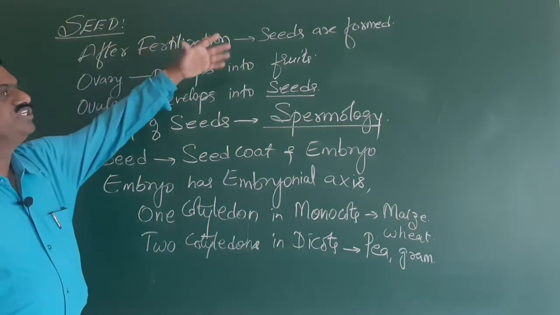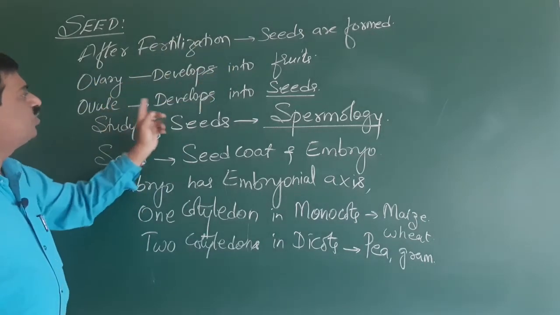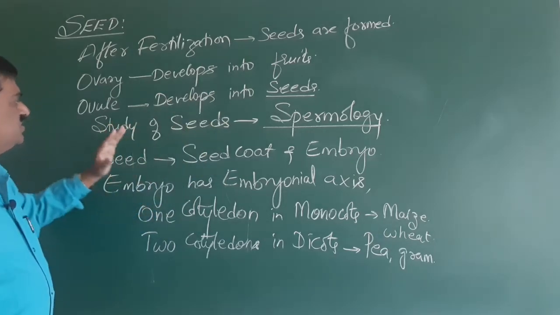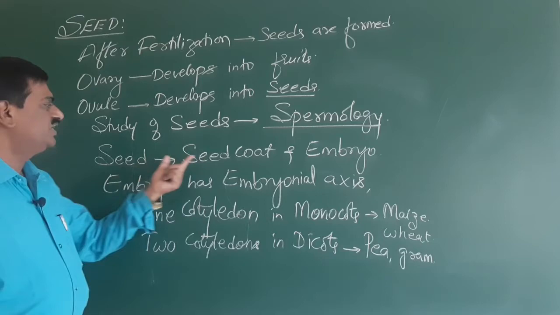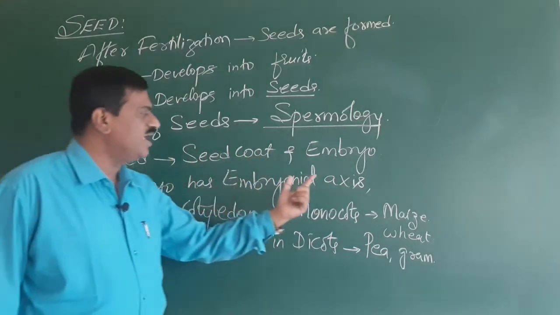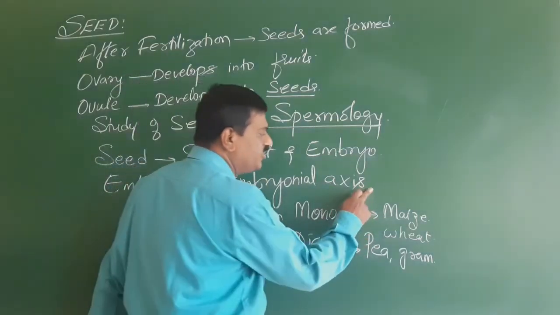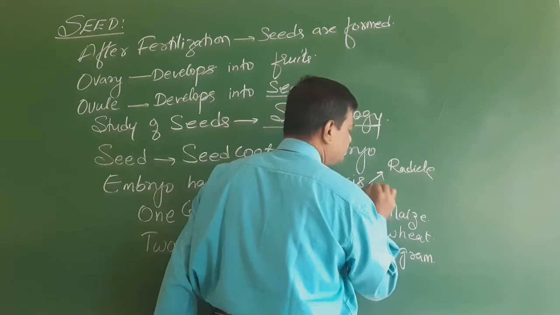After fertilization, seeds are formed. The ovary gives rise to a fruit. The ovule gives rise to a seed. The study of seed is called spermology. The seed has seed coat and embryo. The embryo has embryonal axis, and this embryonal axis has radicle and plumule.